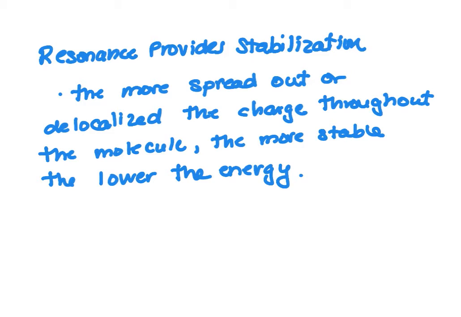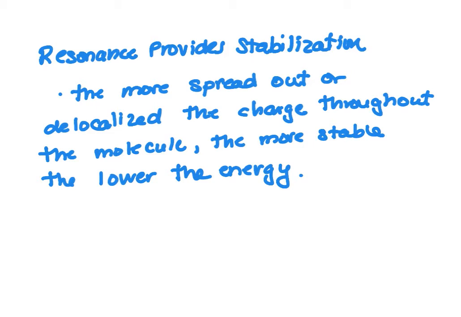Resonance stabilization is usually large when your resonance structures are equivalent. Equivalent resonance structures will contribute equally to the hybrid, allowing the electrons the greatest possible delocalization. All else being equal, the greater the number of resonance structures, the greater the resonance stabilization.